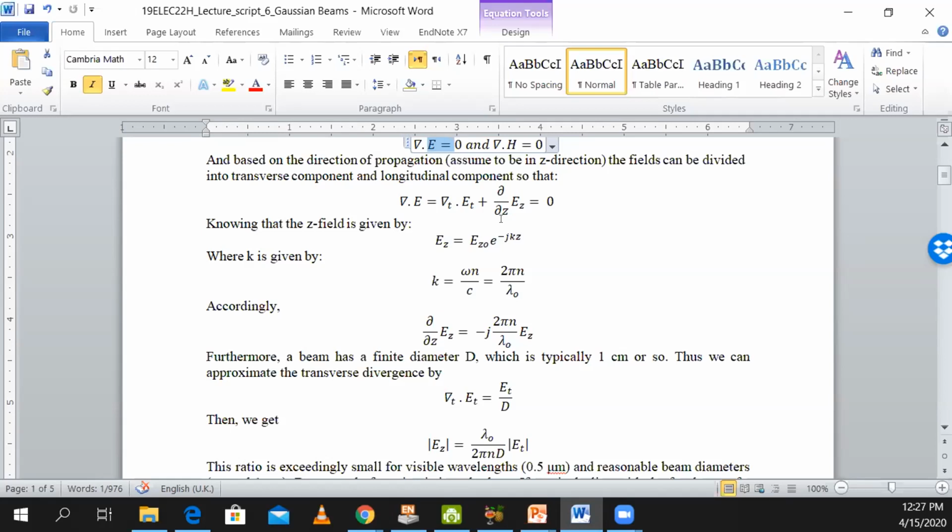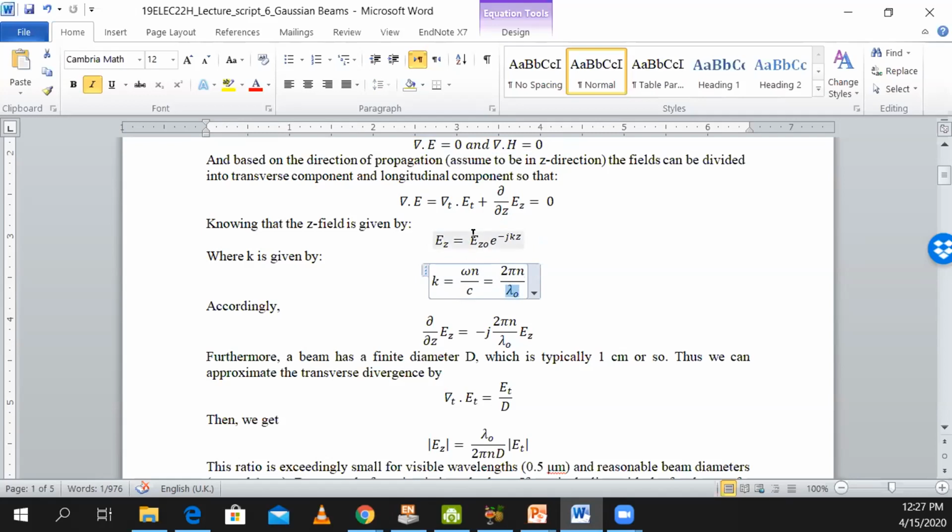By moving inside this material in the z direction, the phase of the photon changes by e to the power minus j k z. And you know that k equals omega n over c, or 2 pi n over lambda naught, where n is the refractive index and lambda naught is the wavelength of propagation.